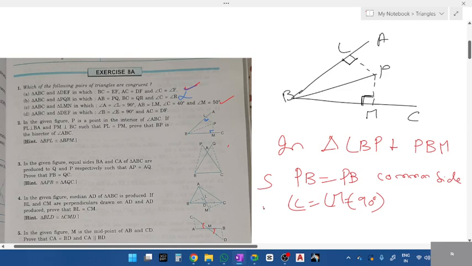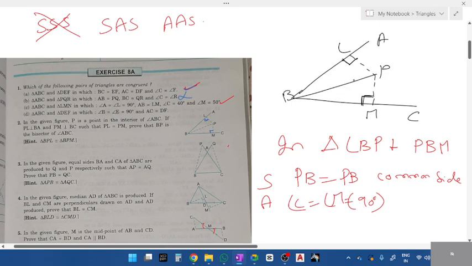One side and one angle. What are the possible criterions we have? Side, side, side. Is it possible? No, because we found one angle, so it is not possible. Side angle side is possible, and angle angle side. So we'll see whether it is side angle side or angle angle side.